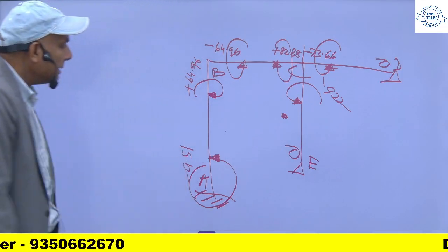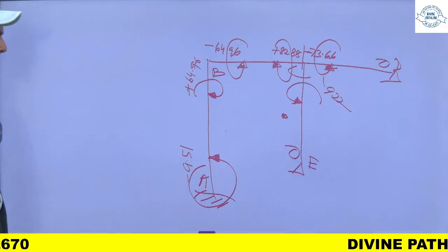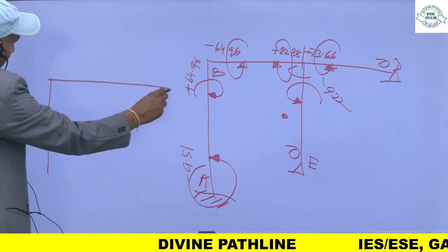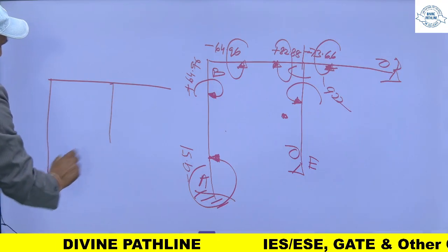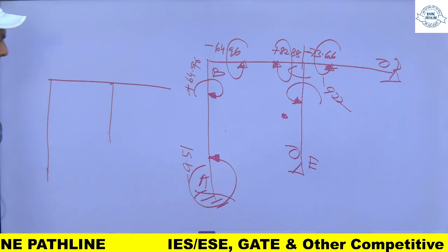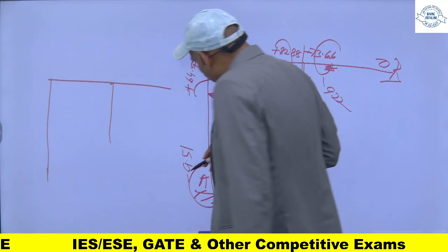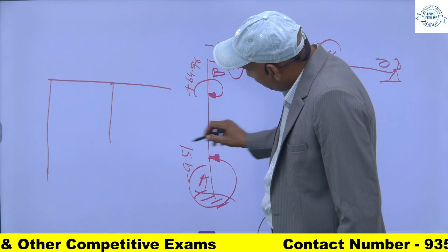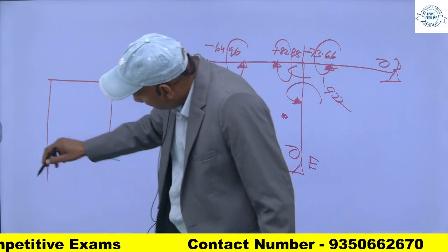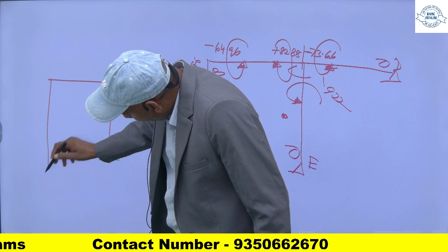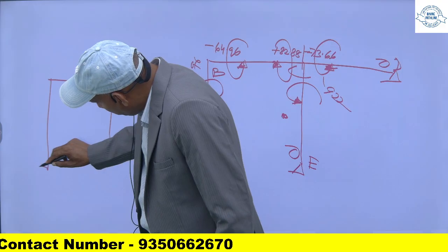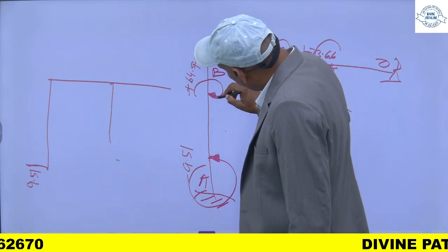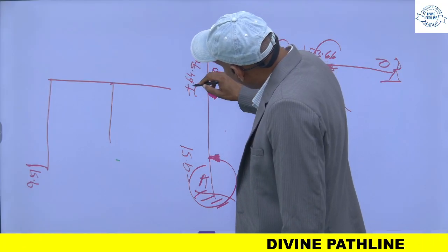So now I can draw the bending moment. So it will be like this. At this point, we will make the diagram in the direction of the arrow. So this member, the direction of the arrow is towards this side, outside. So it will be 9.51, and in this also this will be 64.96.